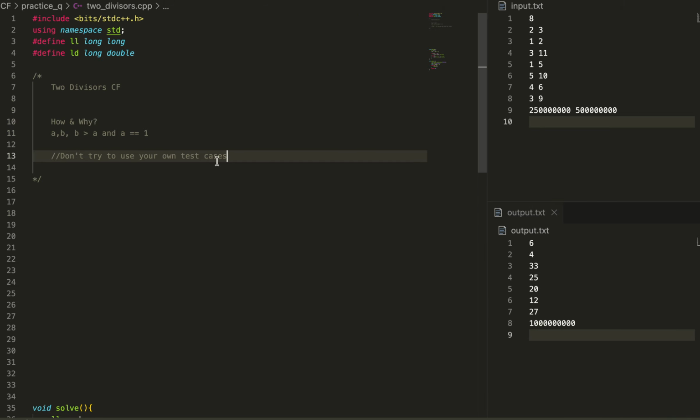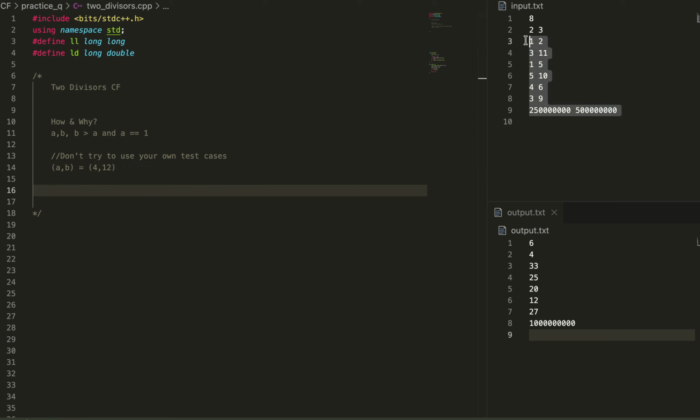If you try your own test cases, you might find a pair of a and b as 4 and 12, and if you try solving it, you're never going to find a common divisor because it doesn't exist, right? So moving on, you should stick with the test cases given here and you can figure out the solution really quick. It is not much, it is just basic maths.